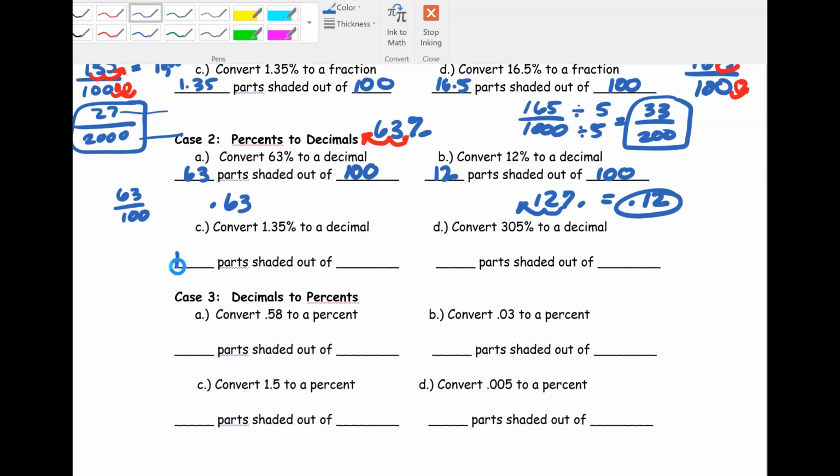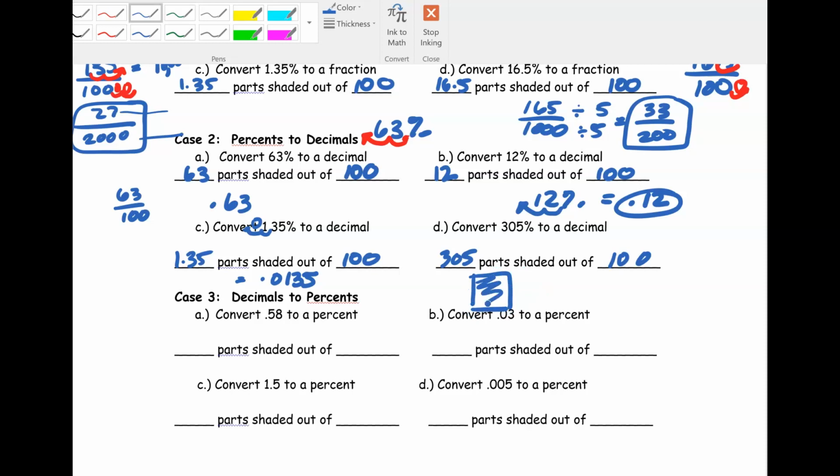1.35% to a decimal is 1.35 shaded out of 100. And then we could take that decimal and go 2 spots to the left. You're going to need a placeholder 0 there, so 0.0135. And then 305%. So what does that mean? It means 305 parts shaded out of 100, which means you're going to have multiple boxes.